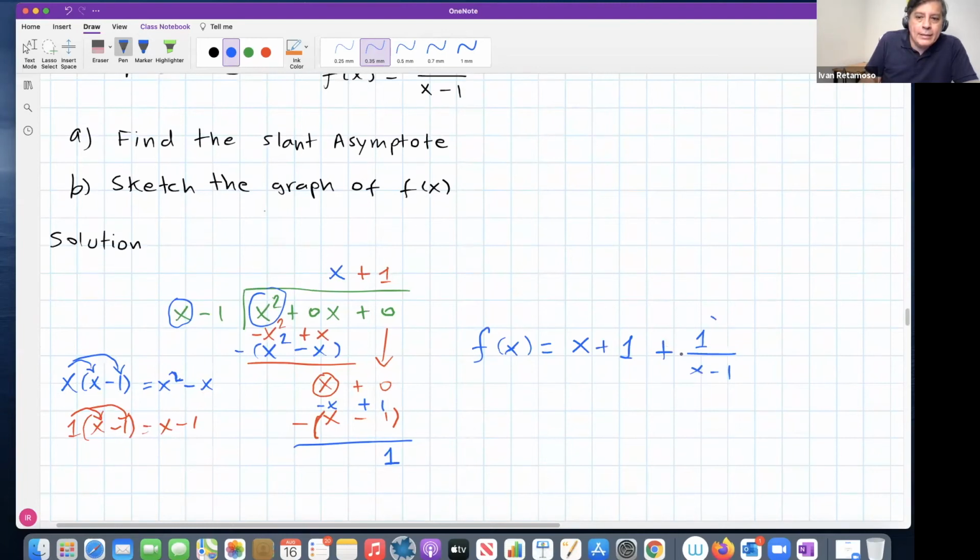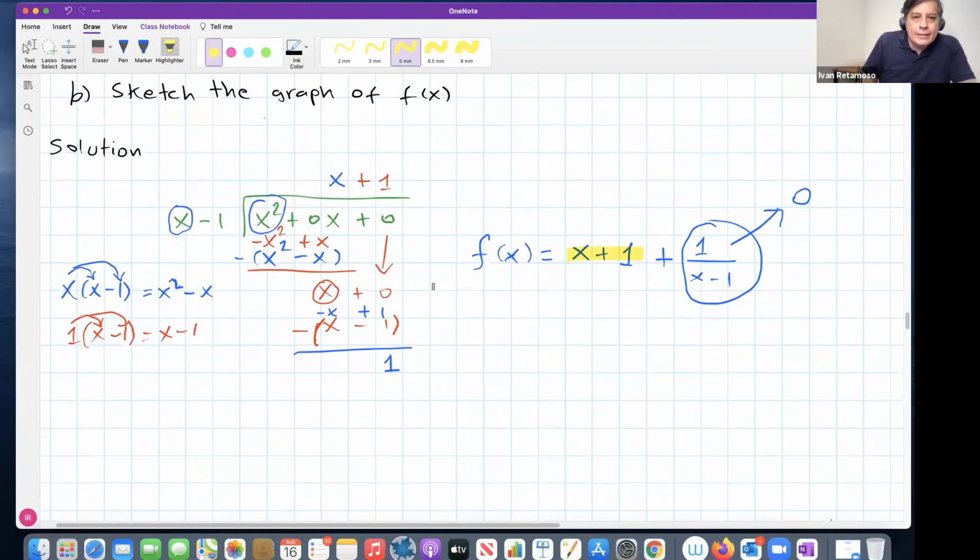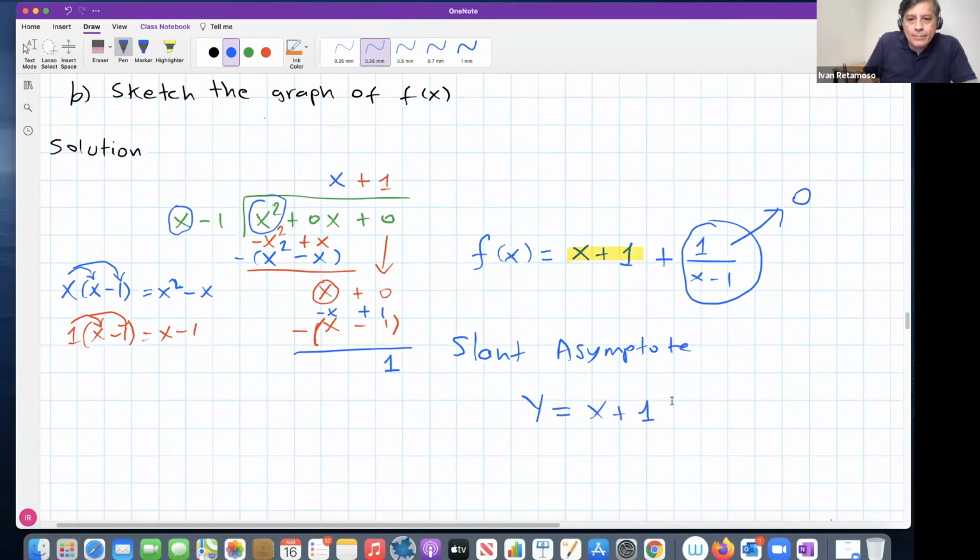We ignore this because for big values of x, this is 0. We keep this. So this is your slant asymptote. Your slant asymptote is y equals x plus 1.